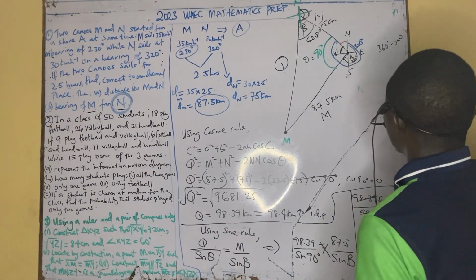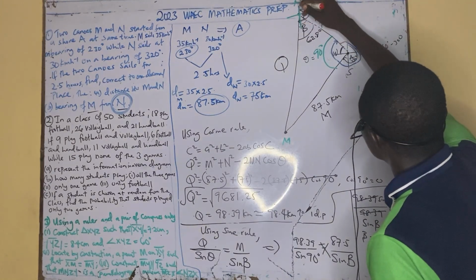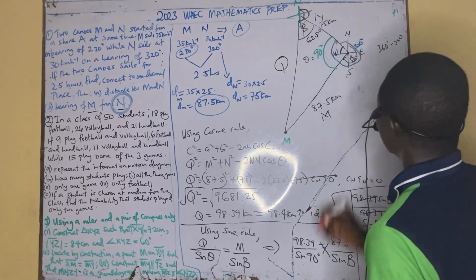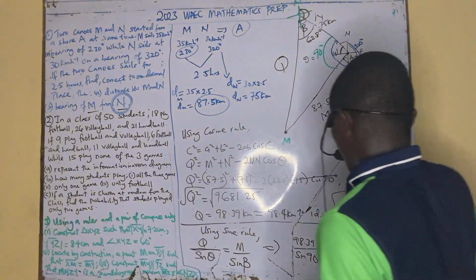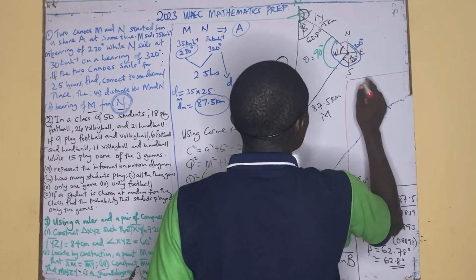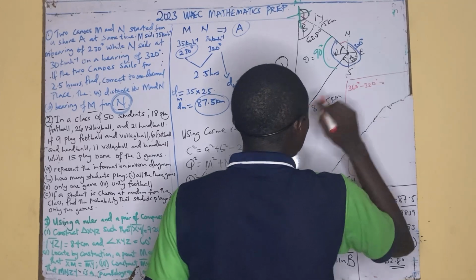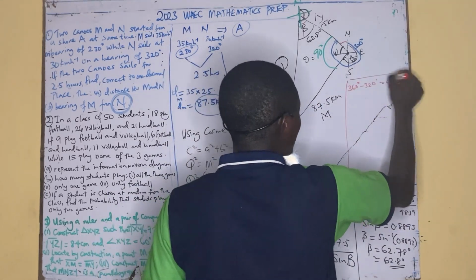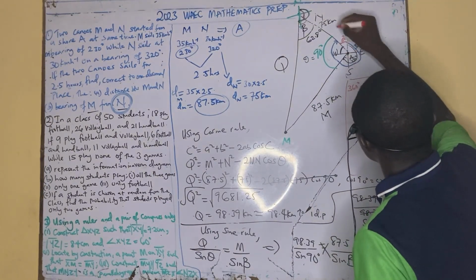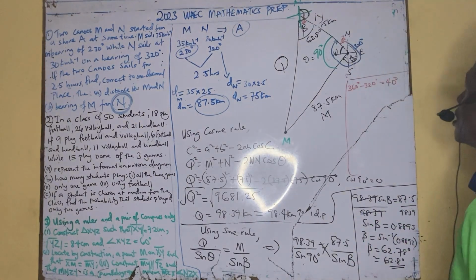So getting this angle here will unlock the angle from here to here. That's why, to get that angle, I'm looking for the bearing now. You can say 360 degrees minus 320, which is 40 degrees. So the angle here is 40 degrees, and the angle here is also 40.